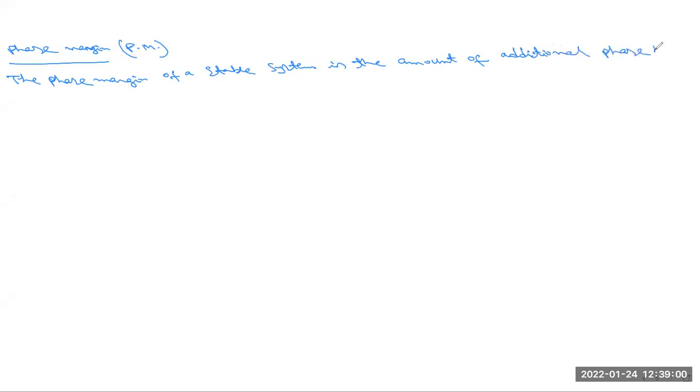So the definition is: the phase margin of a stable system is the amount of additional phase lag required to bring the system to the point of instability.